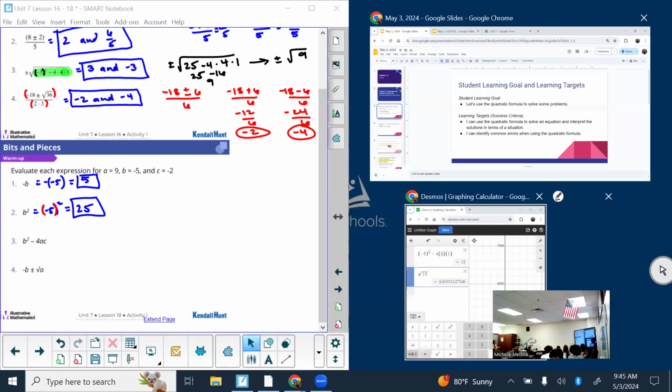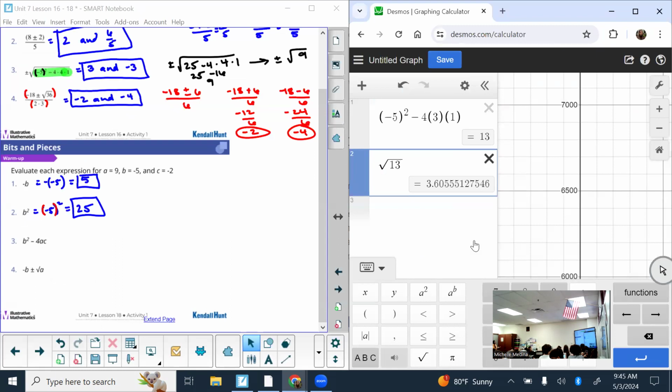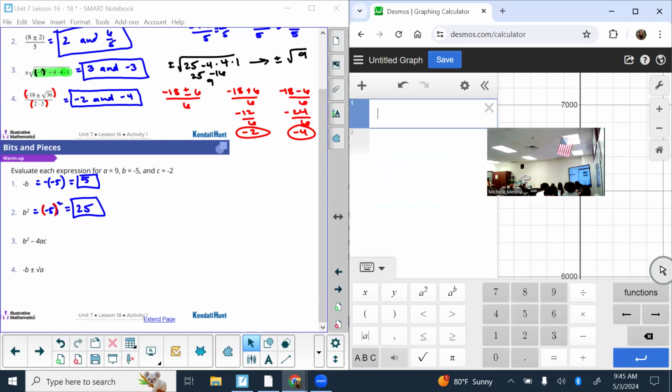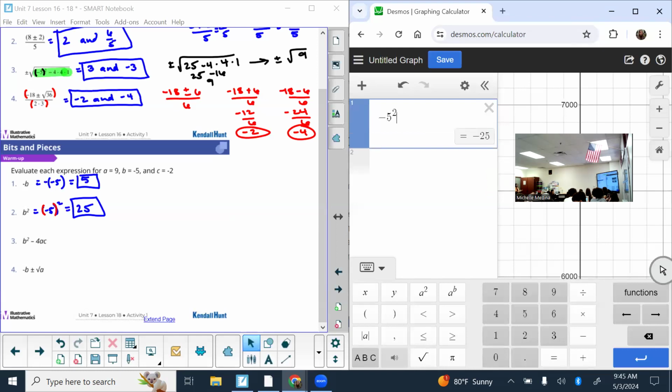It really is that important. If you type in just -5 squared without parentheses, it gives you that answer. But we know that when you square something, it should never be negative. That's why it is so important to get positive 25.